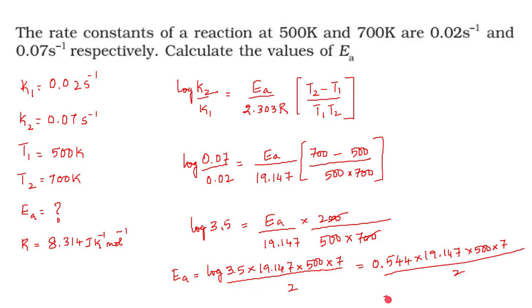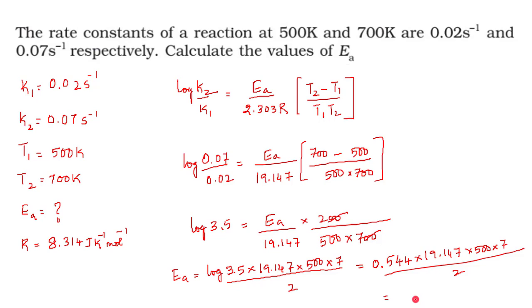So you will get the answer: 0.544 multiplied by 19.147 multiplied by 500 into 7, divided by 2.